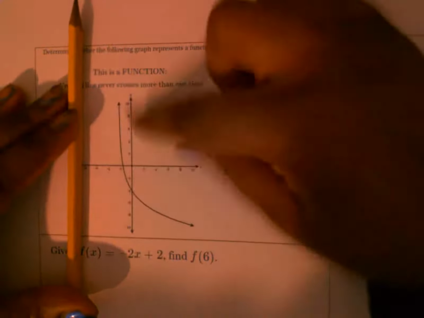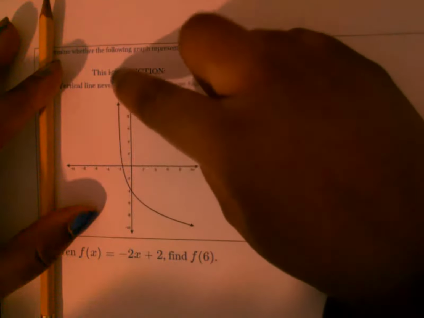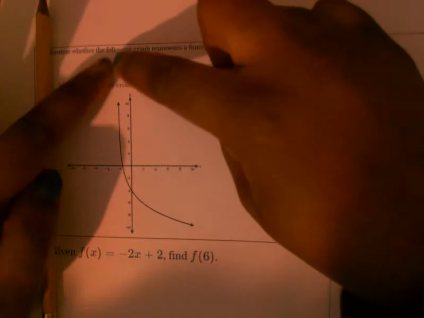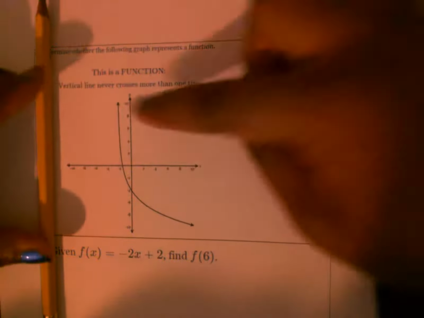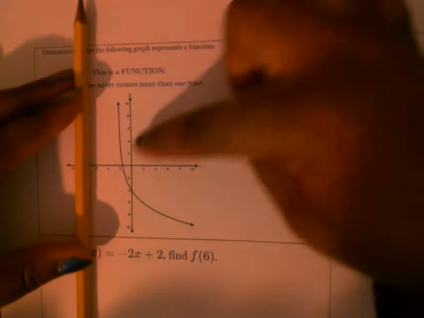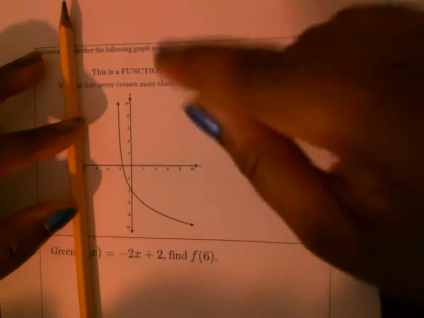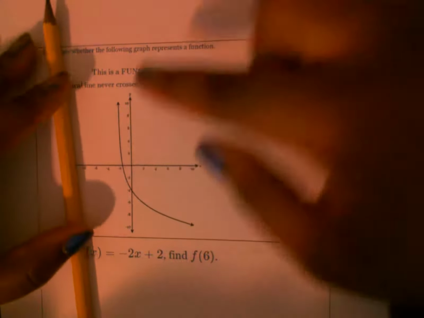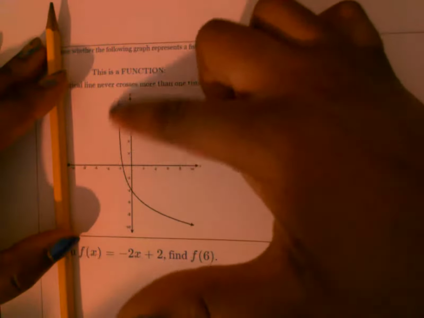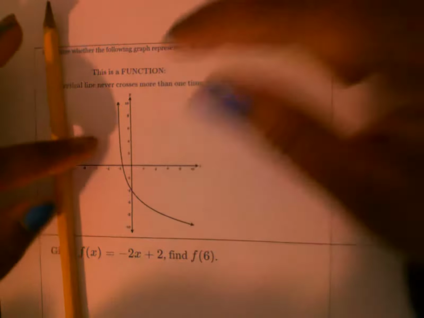Here, this also passes the vertical line test, because if I was to zoom in, I would notice that as this line is going up, these x values are going to be different. They are going to be different here as well with these types of graphs. At first glance, I almost want to say this is not a function, honestly. But because of the type of graph this is, it actually is a function. None of these x values are repeating.